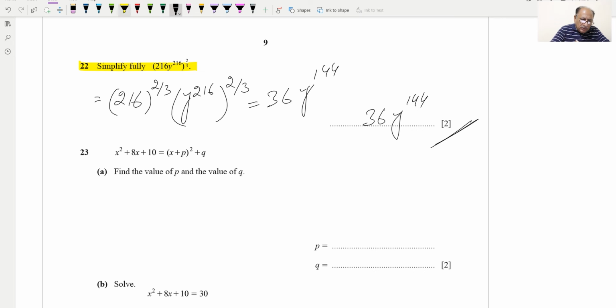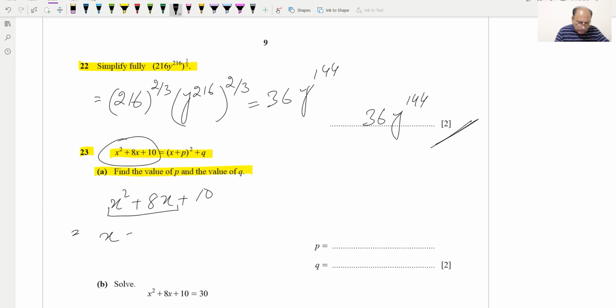Now question number 23, this is a completing the square question. We have to complete the square and find the value of p and the value of q. So we will take this side, x squared plus 8x plus 10, and apply completing the square on it. So x, and half of 8 will be 4, and this will be squared, and minus whatever is written here will be squared, and this tail portion, which is plus 10, we will write over here.